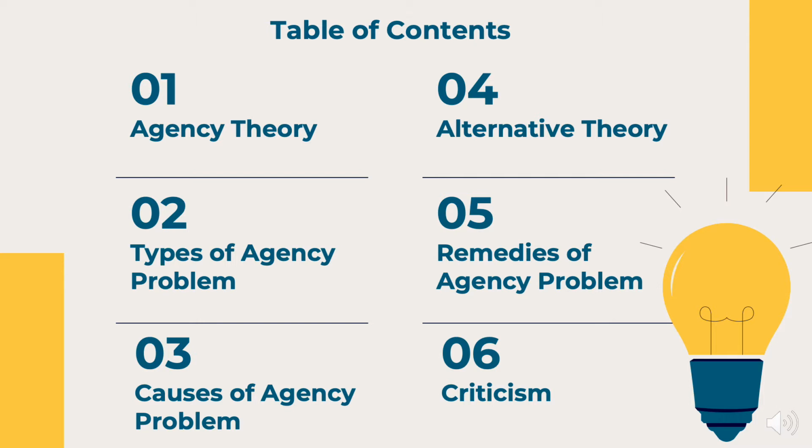Then Afra will talk about the causes of the agency problem and also the alternative theory to the agency theory. The last part of the presentation is Stephanie, who is going to explain the remedies of the agency problem, and she will also talk about the criticism of the theory.